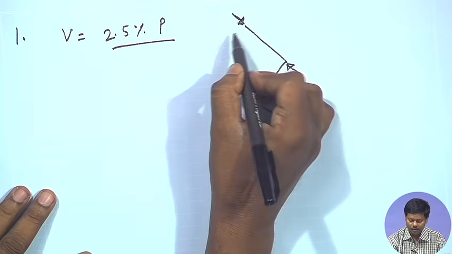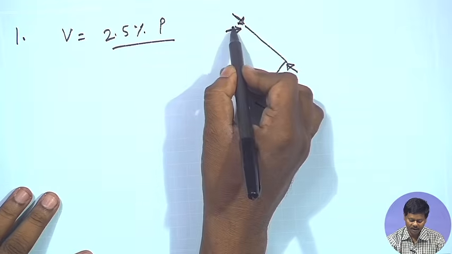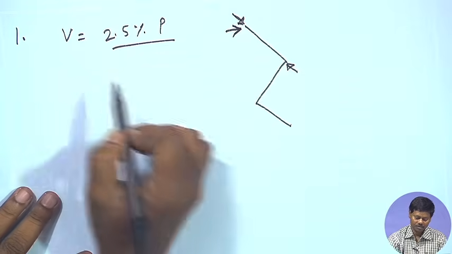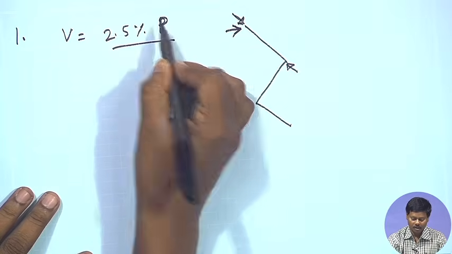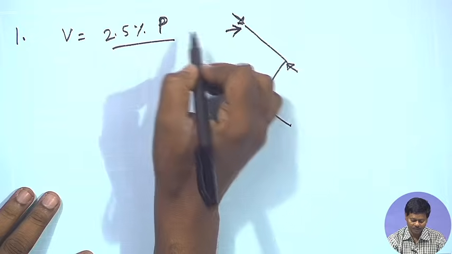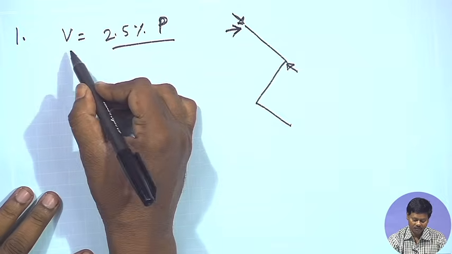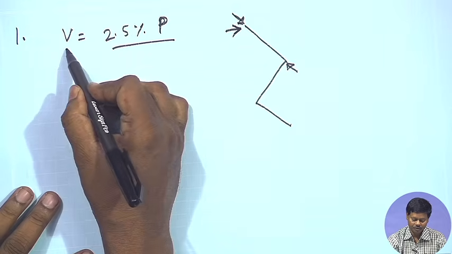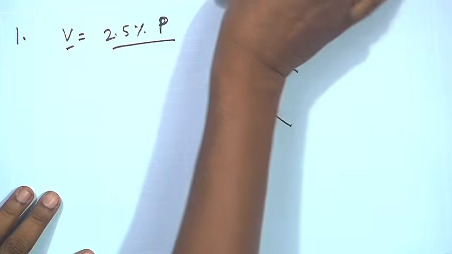That force will come from the transverse shear force, and that transverse shear force is calculated from the axial compressive force. In the codal provision it is told that the transverse shear force should be 2.5% of the compressive force.